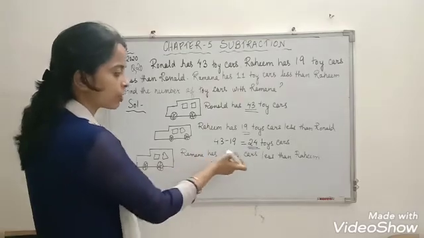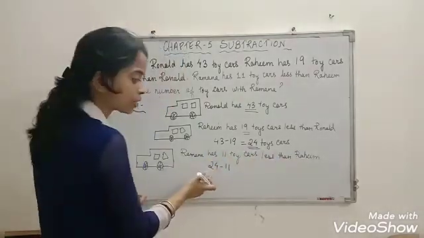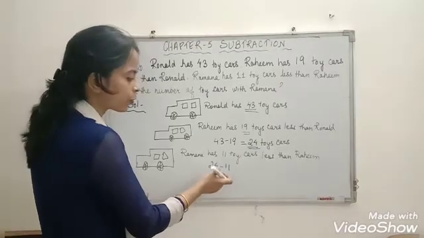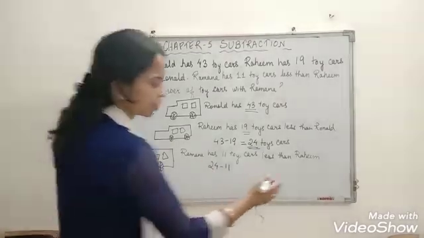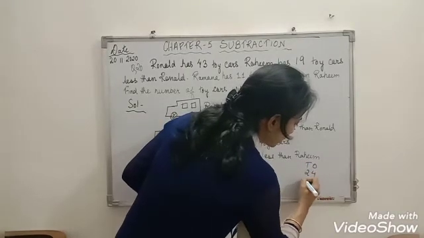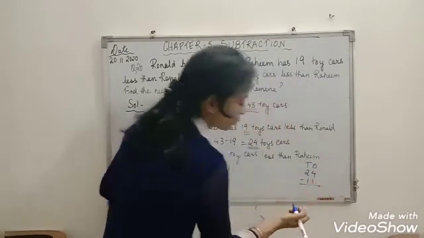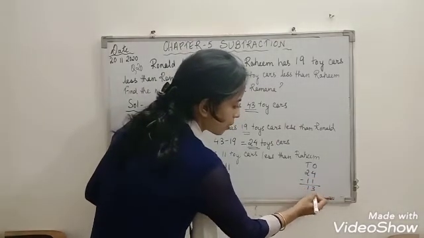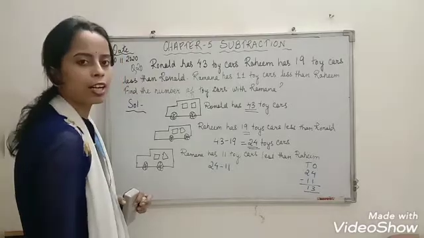Because Ramana has 11 toy cars less than Rahim. Rahim has 24 toy cars. Okay, from 24 subtract 11. So do subtraction. 24 minus 11. So do 4 minus 1, 3. 2 minus 1, 1. What is the answer? 13.